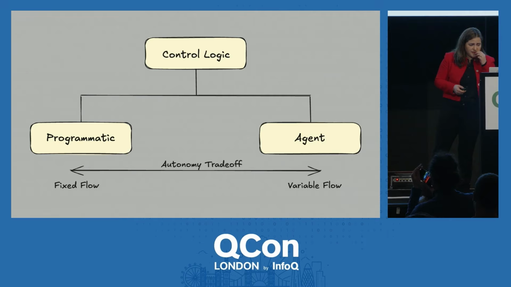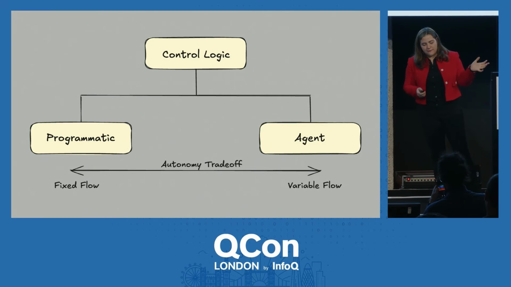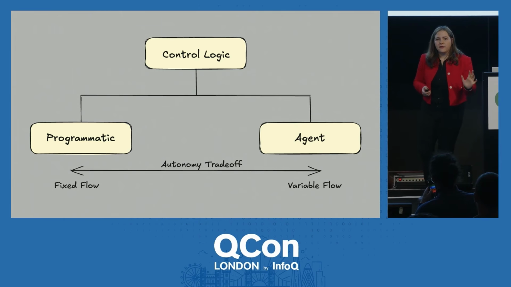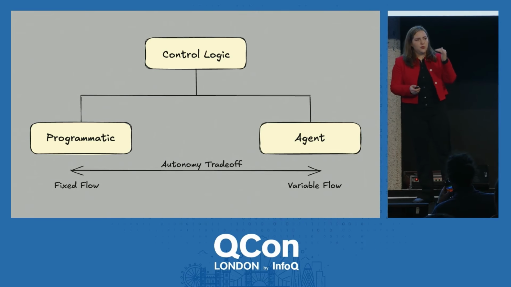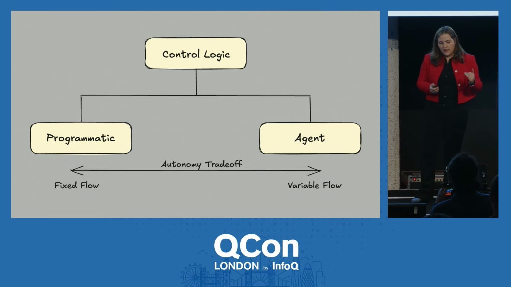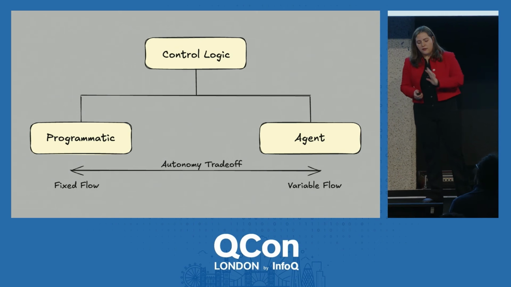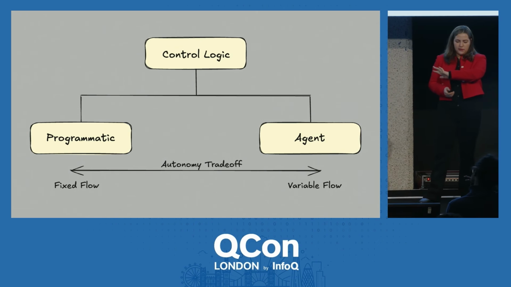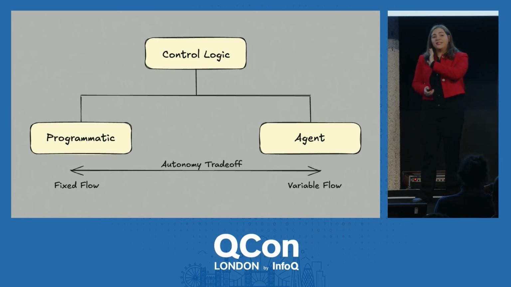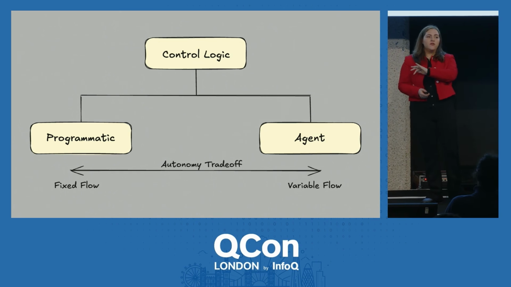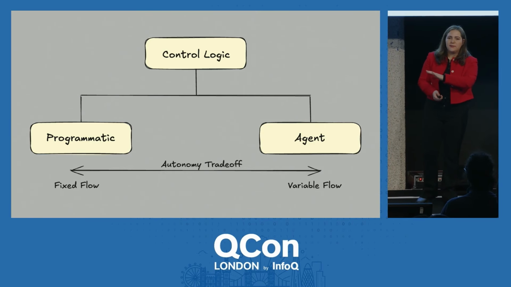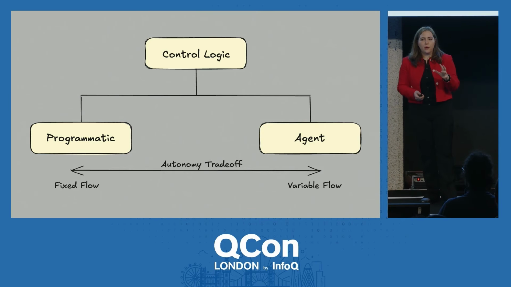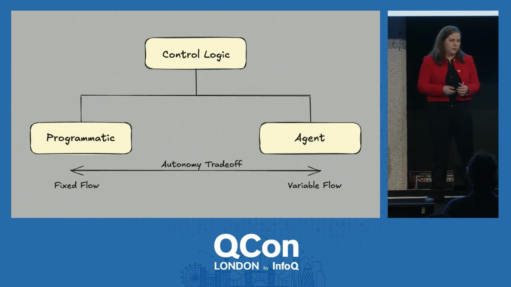So just to summarize, agents are taking us from what used to be programmatic, very specific sequential code that we could write, into a more autonomous, variable-flow world where we have less control over the logic itself. And so to achieve precision there, we want to move into a space that gives us more feedback about what we do so we can actually improve the model.